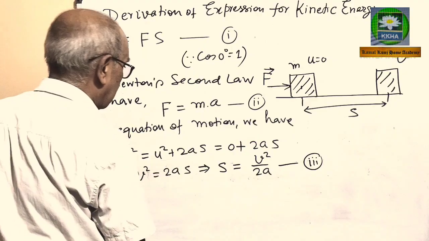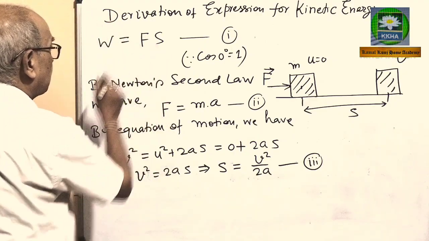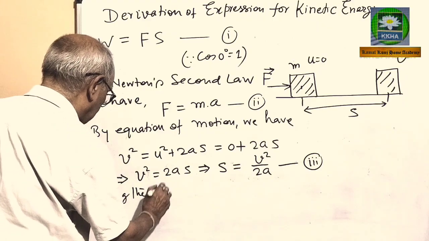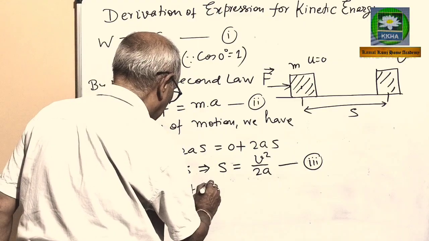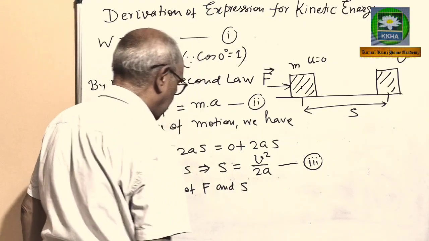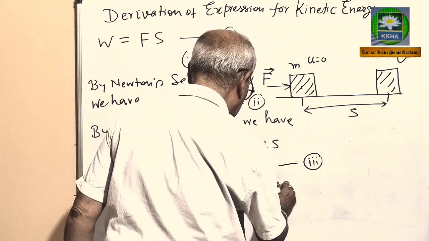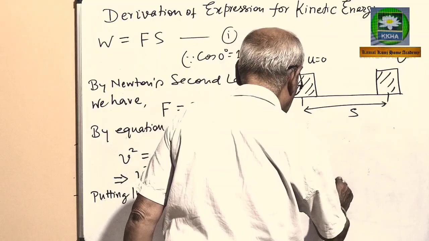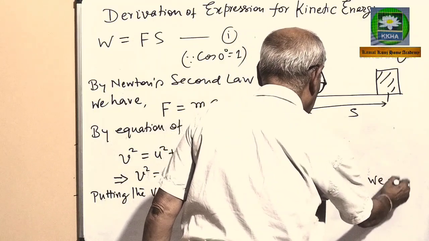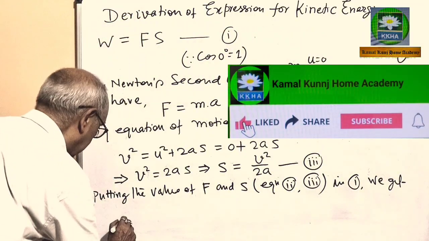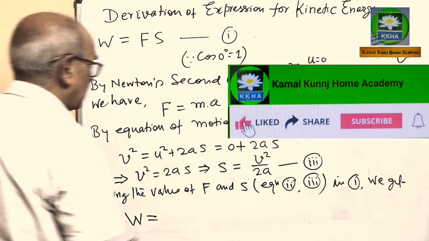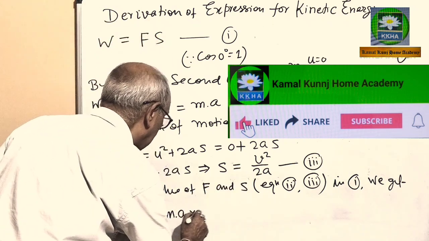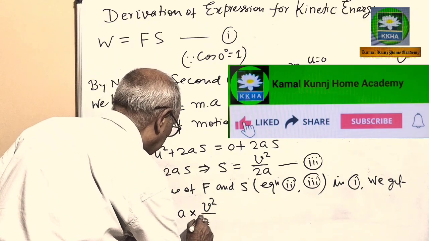Now from equations 1, 2 and 3, putting the value of F and s from equations 2 and 3 in 1, we get work is equal to F, which is m into a, and displacement is v square upon twice a.